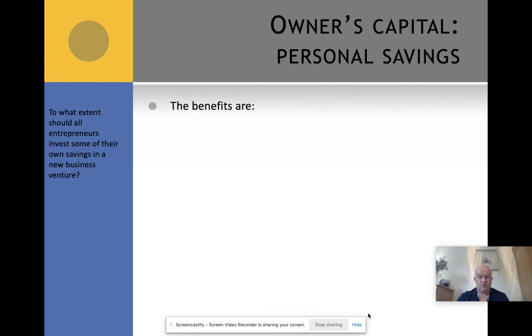Let's have a look at some of the benefits of personal savings then. There are a number of very good reasons for having those personal savings. You don't have to repay anything. That's money that is yours, that's within the business. You've got no interest charges on those personal savings.